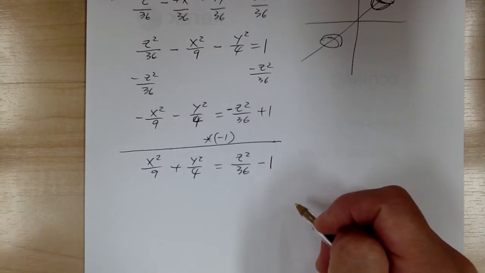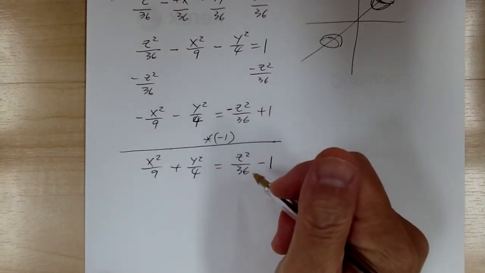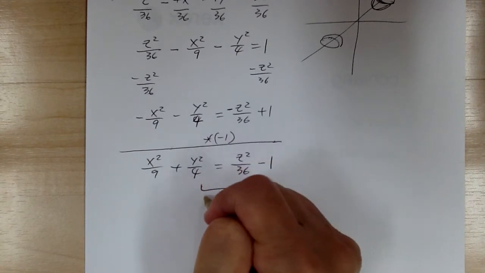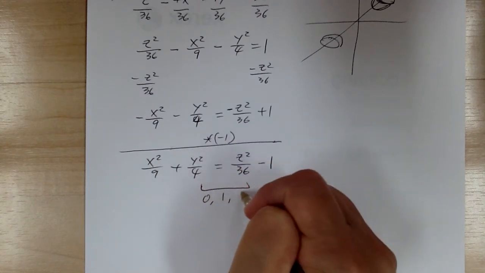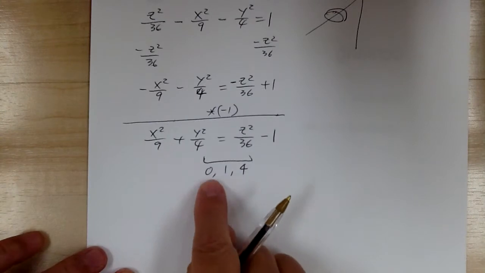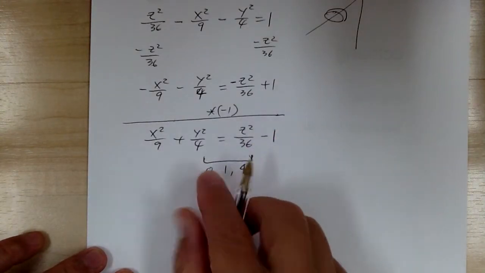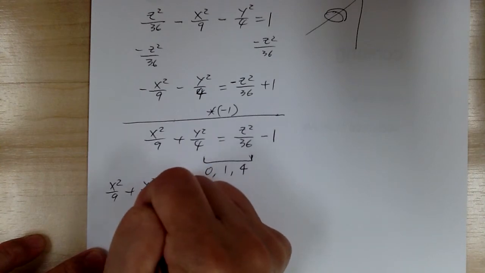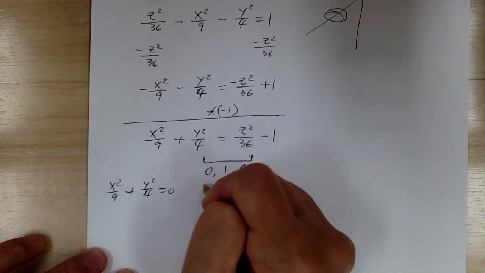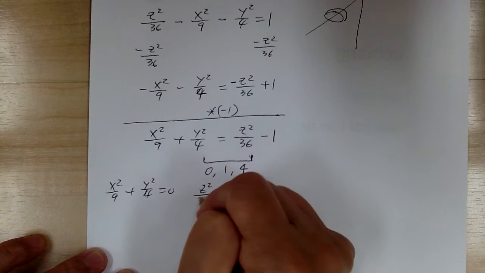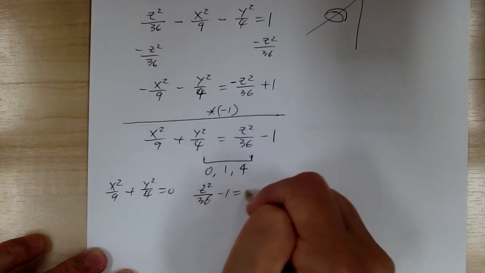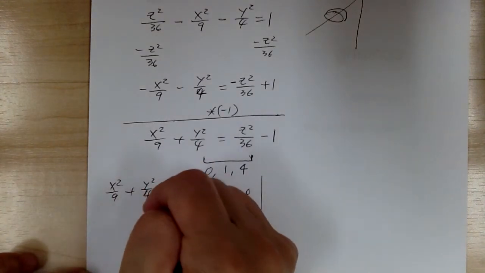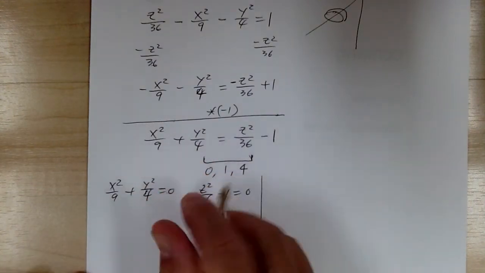And after that, you want to set each part equal to a perfect square, so 0, 1, 4, right? So let's do the 0 first. So set each side equal to 0, and then solve. Now this is going to be a dot, or point, because it's equal to 0.